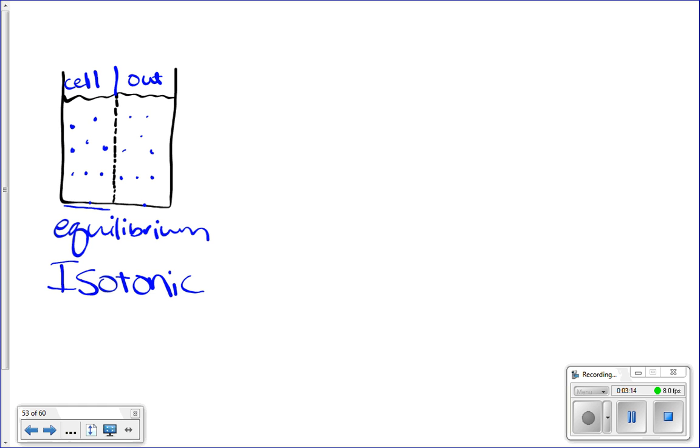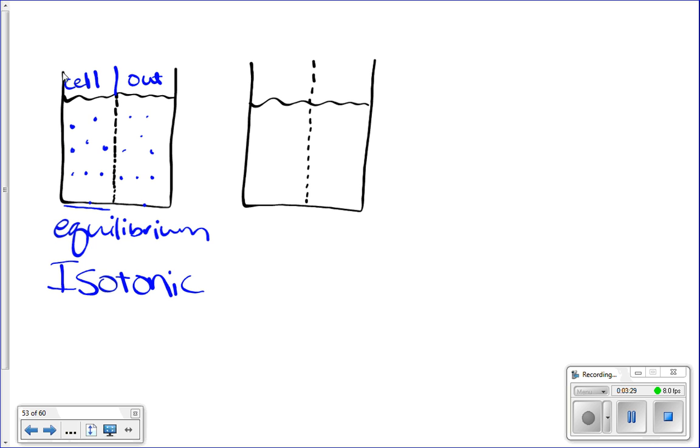So let's look at what happens when you don't have equal parts of salt and water inside and outside of the cell. Again, here's our water and our semi-permeable membrane, and we're again going to say that this is inside the cell and this is outside the cell, and the blue dots will represent our salt.